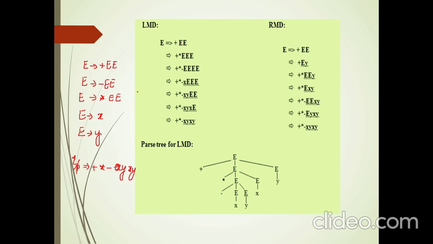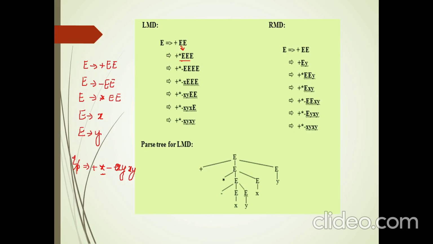Next one to be obtained is star. So plus star, and this E needs to be replaced by star E E. Because there are two non-terminals here, which E is to be replaced by its production?